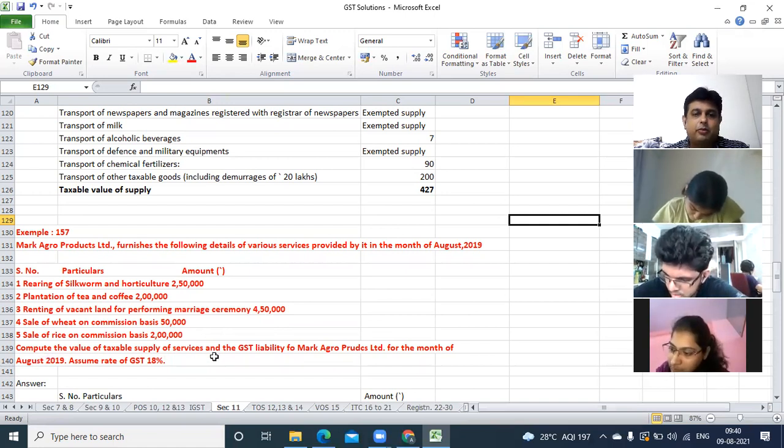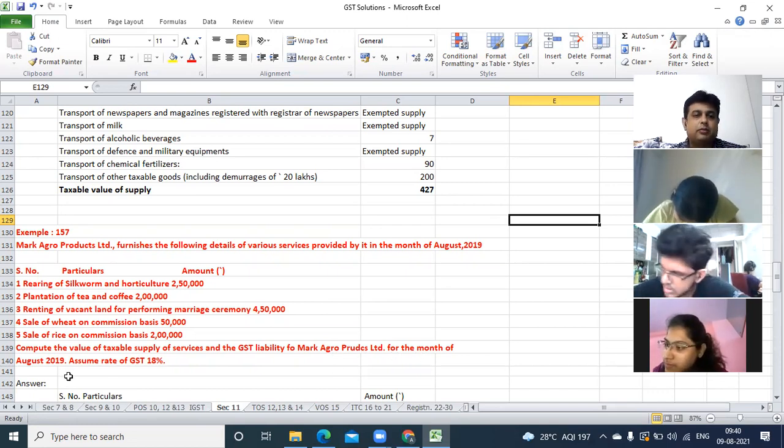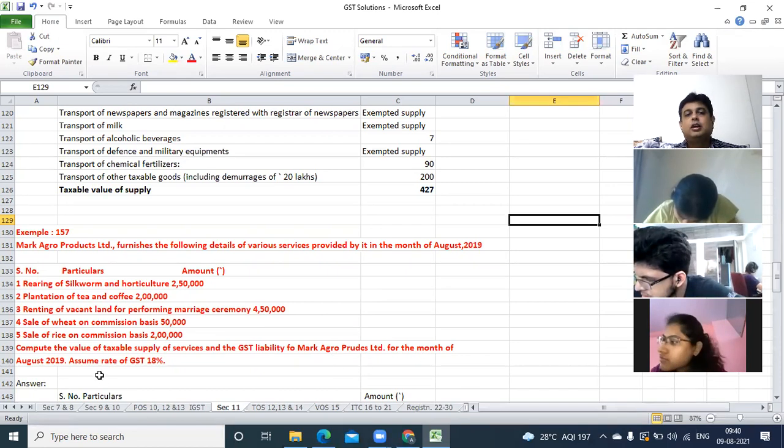Compute the value of taxable services and GST liability of Mark Agro Product Limited for the month of August 2019, assuming the rate is 18%.